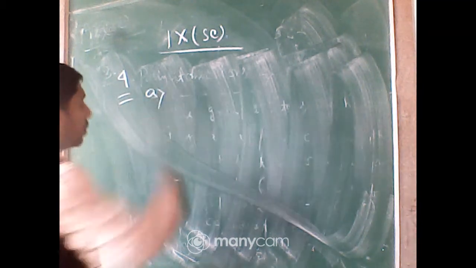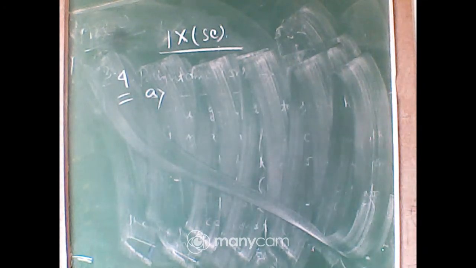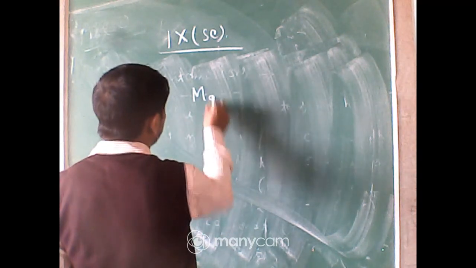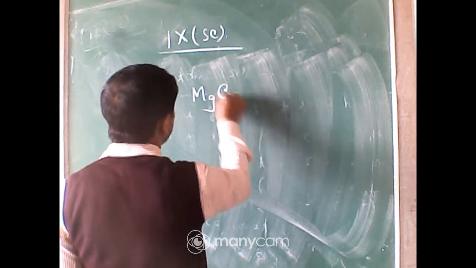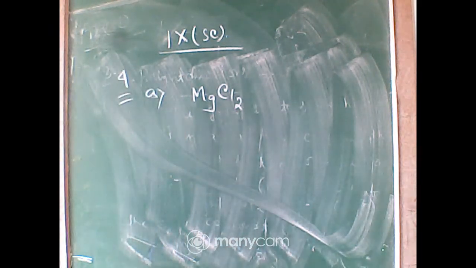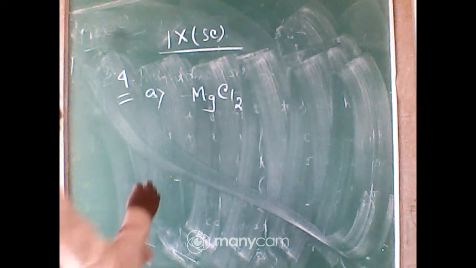4A I will only write the formula. 4A is magnesium chloride: capital M, small g, capital C, small l, subscript 2. Number B is calcium oxide.